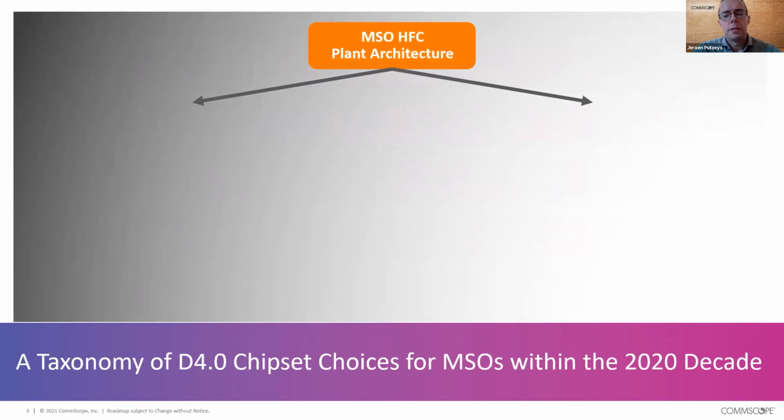So I think we talked about the MSO HFC plant target architectures, and this is an important topic to highlight here. So let's maybe spend a few minutes on this. Here we're looking at what we at CommScope refer to as the taxonomy of the DOCSIS 4.0 chipset choices for operators to make, whilst considering the availability of the DOCSIS 4.0 technologies that are currently known by the industry. That's a long sentence. I'll clarify on this chart what that truly means.